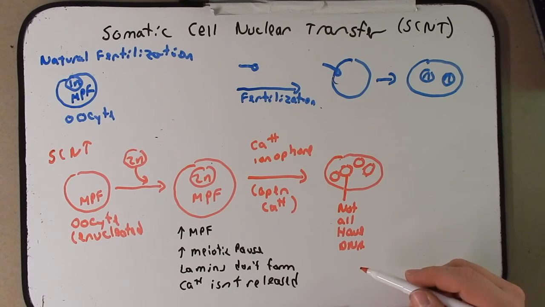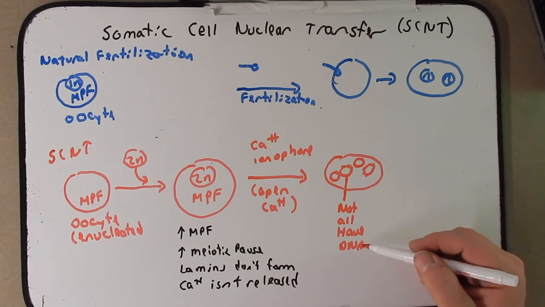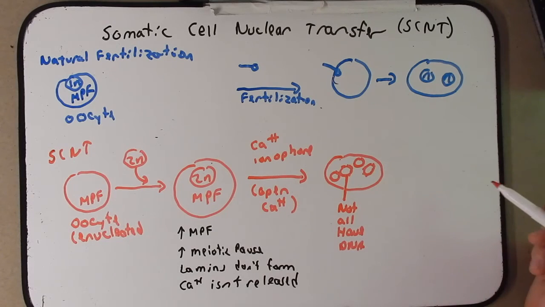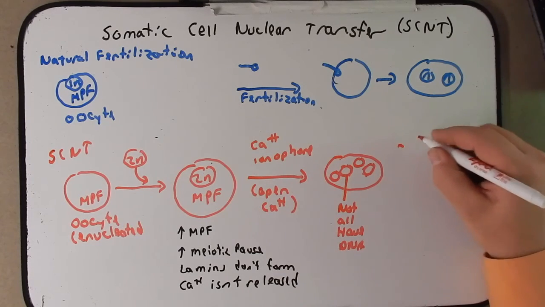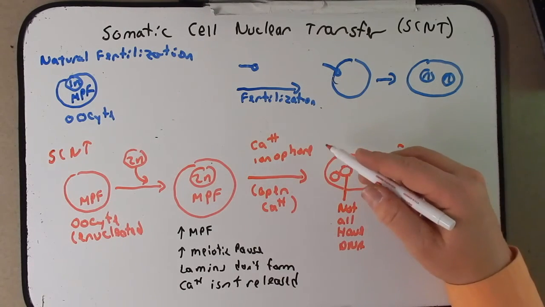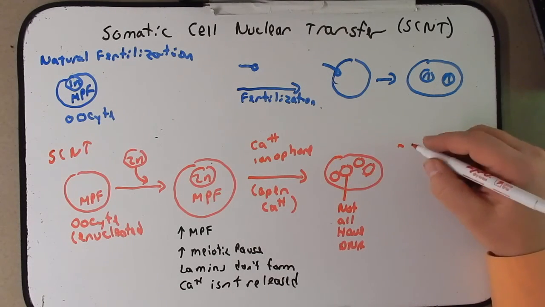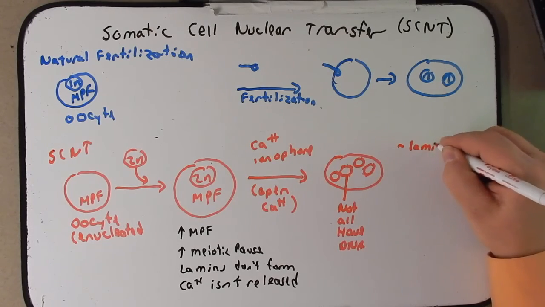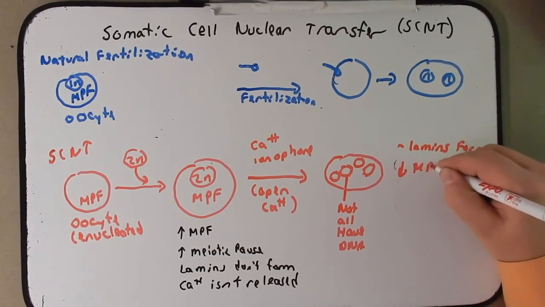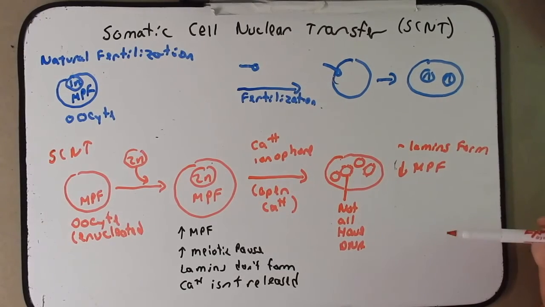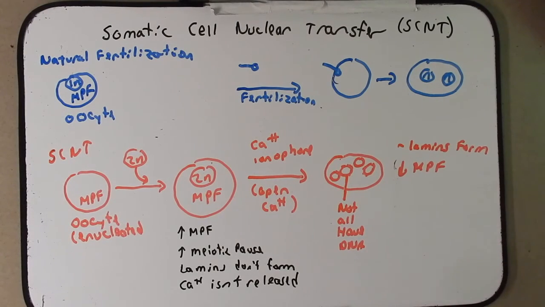So I suspect, though I don't know if they know for sure, that all the DNA is in one of these pronuclei. There's no reason to think that they would be separated. Also, once you have this artificial calcium wave come through, the lamins form and MPF is downregulated. The meiotic pause isn't necessarily released because we're not dealing with anything that is in a meiotic pause.